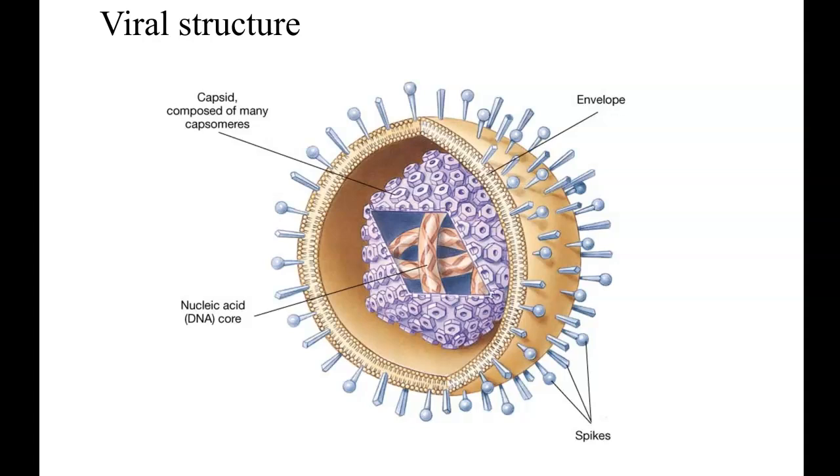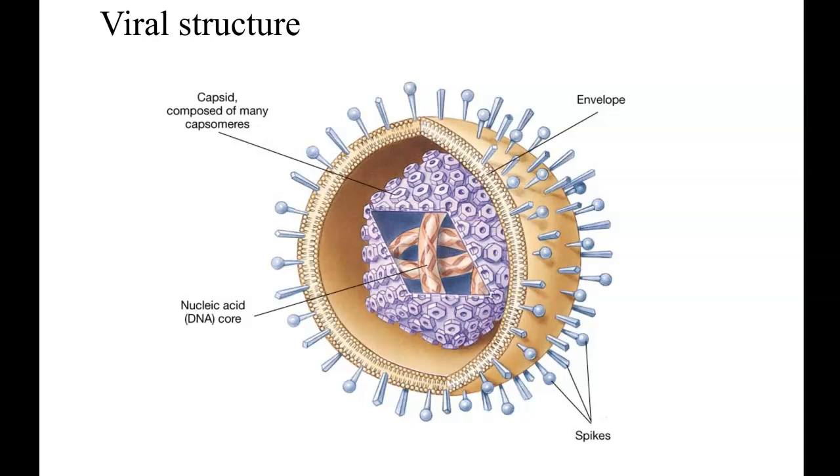A virus is not going to be able to infect a cell unless it can actually attach. We call that attachment adsorption, not absorption, like a paper towel would absorb water. This is adsorption. The shapes of those capsomeres help the virion bind to receptors and parts of the cell membrane.